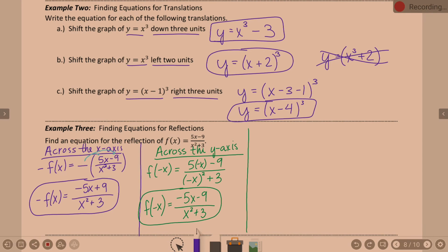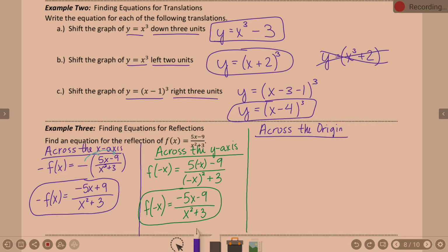Okay, and one more. Across the origin. Across the origin says we're going to be doing both of these, right? So basically we're going to take both things we just did and combine them into one.